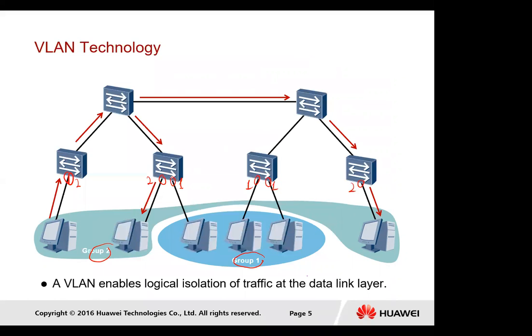But then how does the switch identify who you are, whether you are under group 1 or group 2? In this case, we must perform tagging, and we will go through this in a later part. Tagging is what identifies where you come from and where you are going.